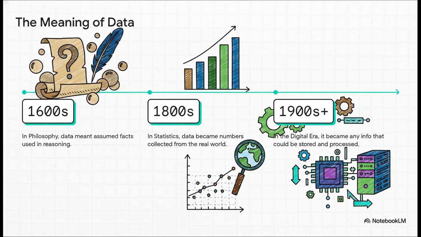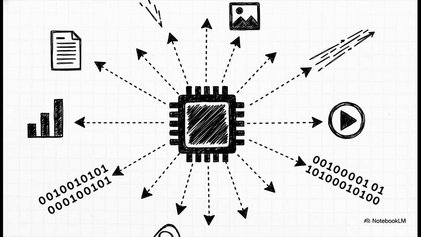And suddenly data means numbers you actively go out and collect from the world. And then the 20th century hit. And boom, the computer age just completely blew up the definition. Data wasn't just numbers anymore. It became anything. Any little piece of information that you could possibly store, send, or process with a machine. And that right there is the foundation of the world we're all living in right now.